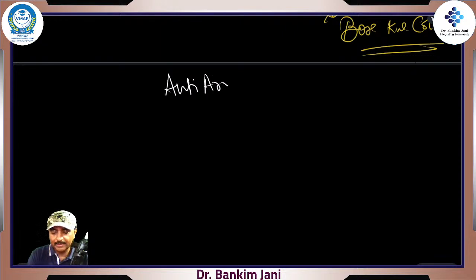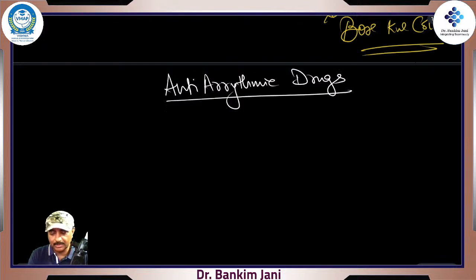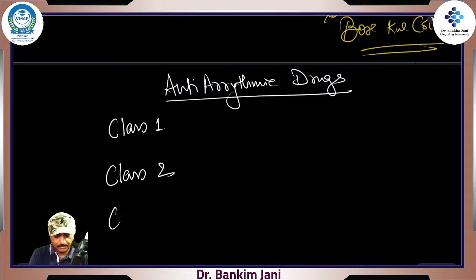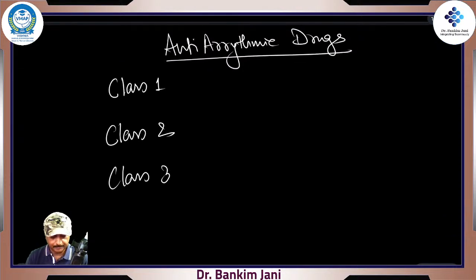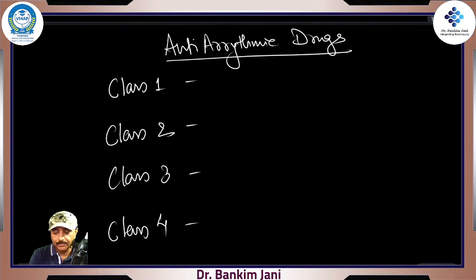So antiarrhythmic drugs are divided into four classes: class 1, class 2, class 3, and class 4. So, Security Bank of Kansas City.